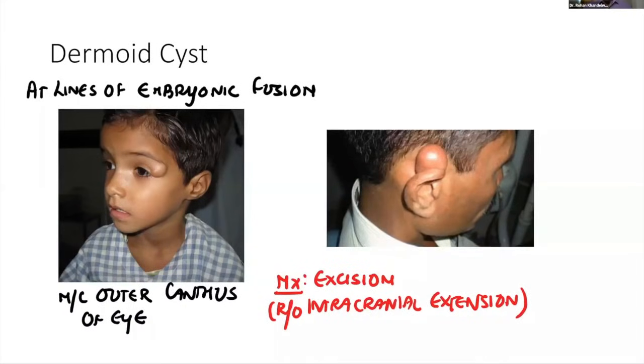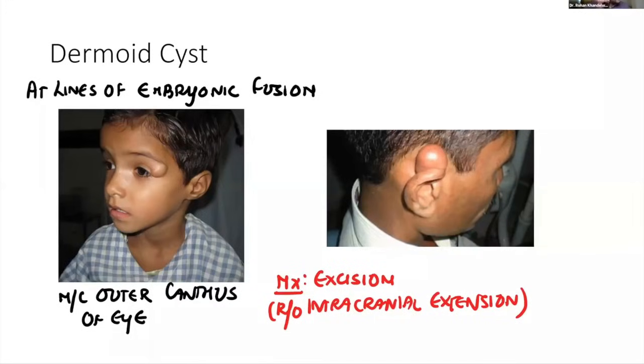The image of dermoid cysts has also been asked in all possible exams. These are cysts which are formed at the line of embryonic fusion. They are again fluctuant. Diagnosis can be by FNAC. The most common site is the outer canthus of the eye. You can see the boy with a swelling around the outer canthus of the eye.